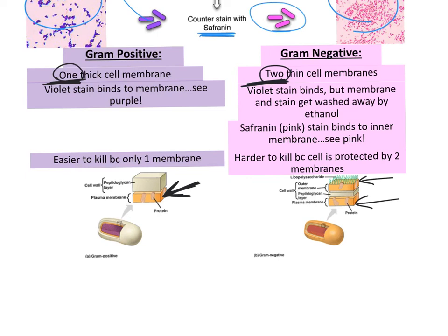Whereas if a cell has two layers, the antibiotic, the medicine, the drug, whatever you want to call it, would need to penetrate first the outer layer and then also penetrate the inner layer. So it is almost like a double wall of protection for the bacteria cell. So in general, diseases that are caused by gram-negative bacteria are a little bit harder to treat than those diseases caused by gram-positive bacteria.